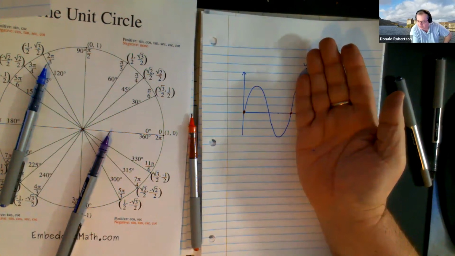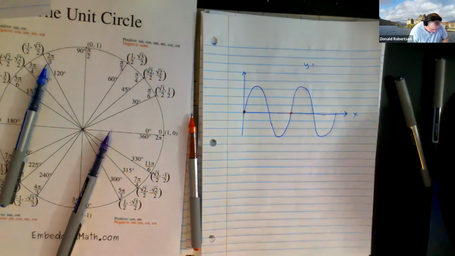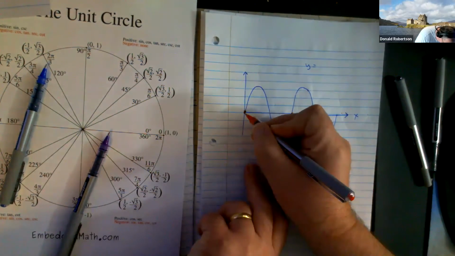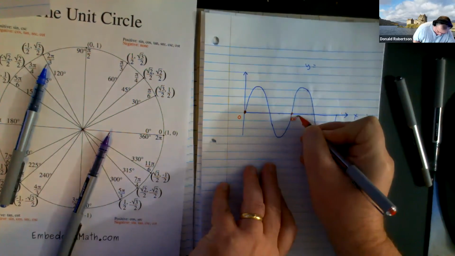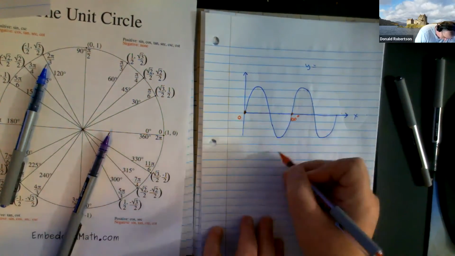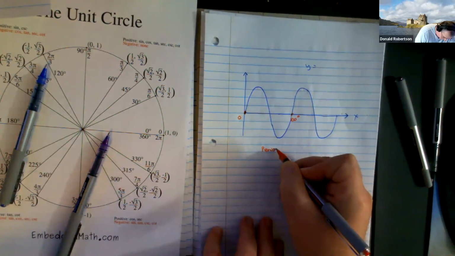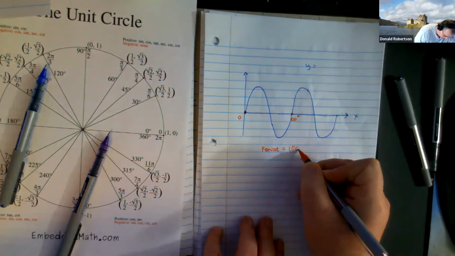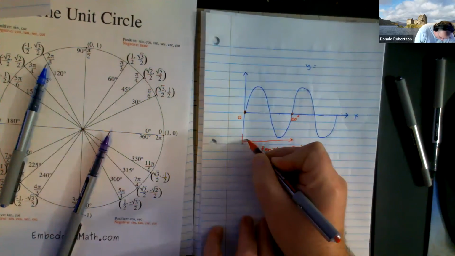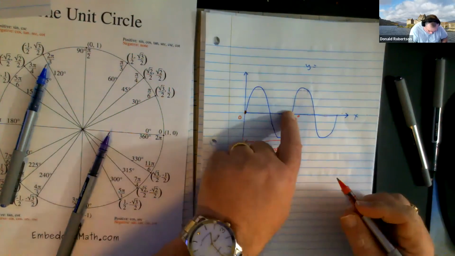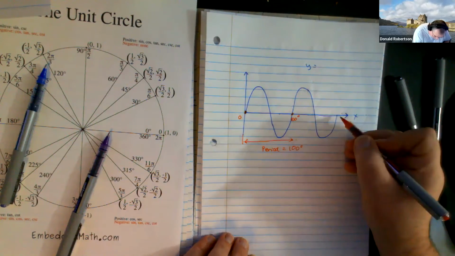Do you see that? Let's just say that this particular one starts at 0 and finishes at 100 degrees. Then this curve, we would say that it had a period of 100 degrees. So the period is the time or the distance from the start to the finish for the shape to repeat itself.